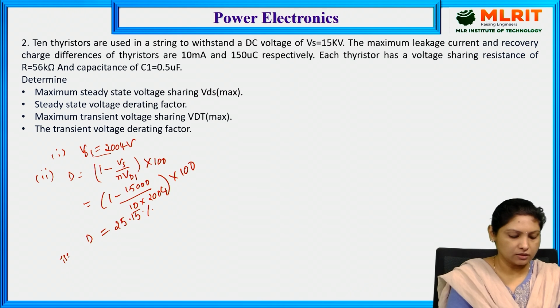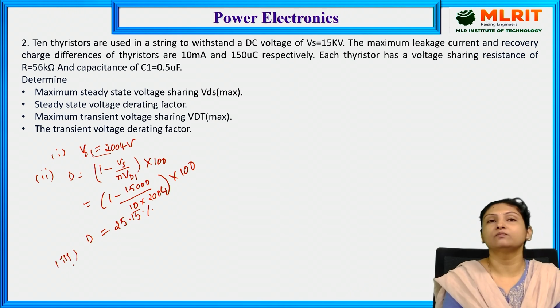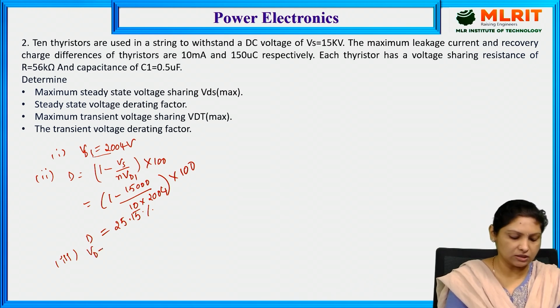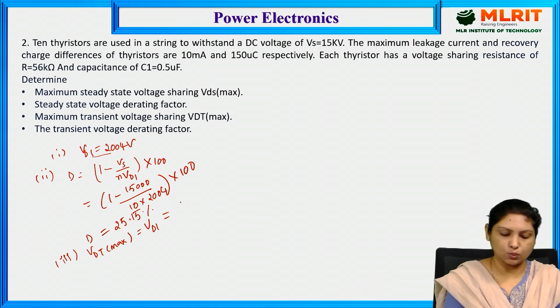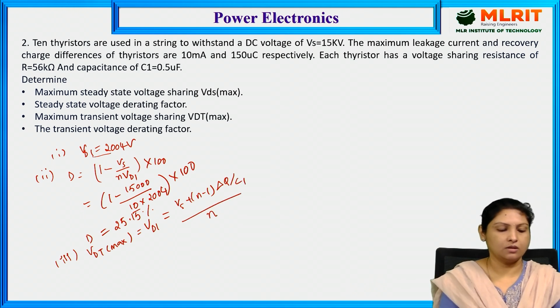And the third part we need to resolve is the maximum transient voltage sharing, VDT maximum, which we can also call VD1, where we have the formula VD1 equal to Vs plus N minus 1 into delta ID into R, is it not? In place of delta ID into R, I am substituting delta Q by C1, because this is the maximum transient voltage.